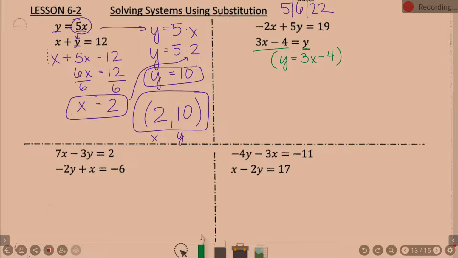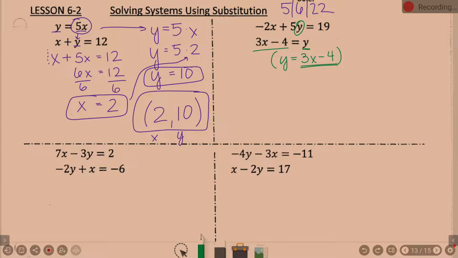No. I have an equation that is y equals. Every place I see a y, I'm going to replace it with, what does y equal? The whole thing, 3x minus 4.